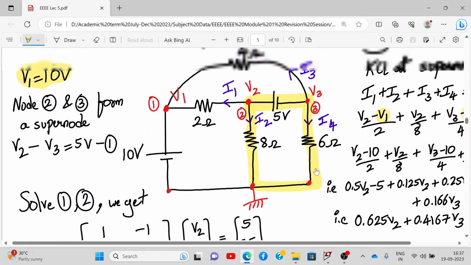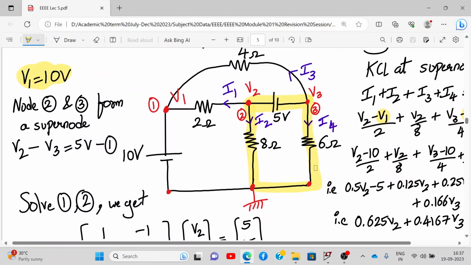So I1 is current flowing through 2 ohm, that will be V2 minus V1 upon 2. I2 will be current flowing through 8 ohm, that will be V2 upon 8. I3 will be current flowing through 4 ohm, that will be V3 minus V1 upon 4. And I4 will be current flowing through 6 ohm, that will be V3 upon 6.